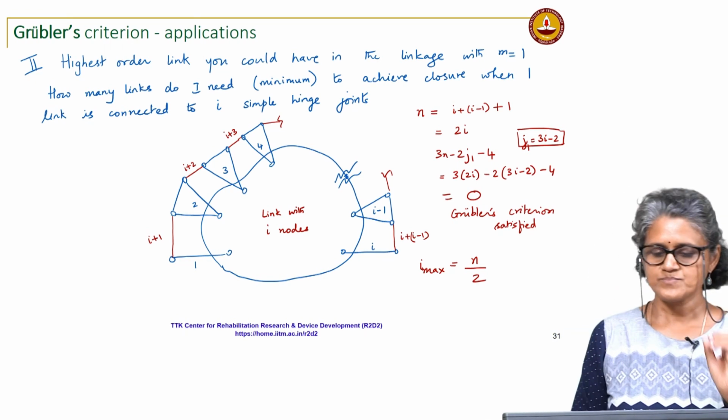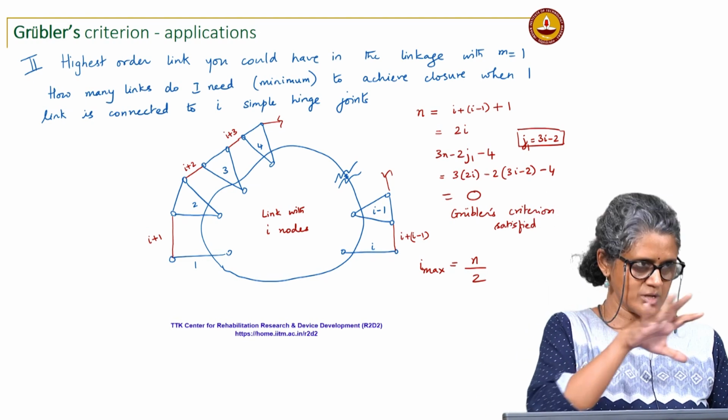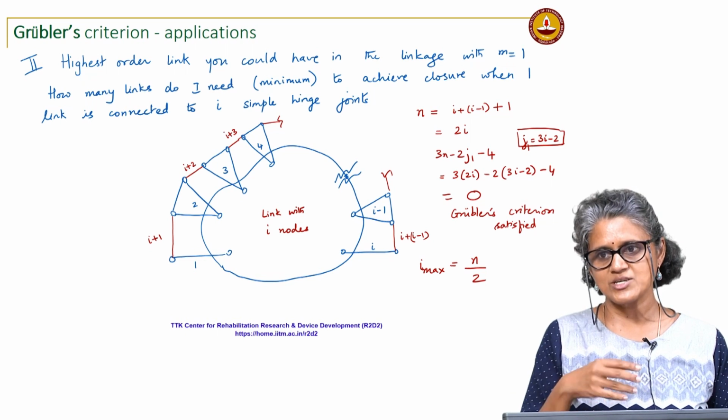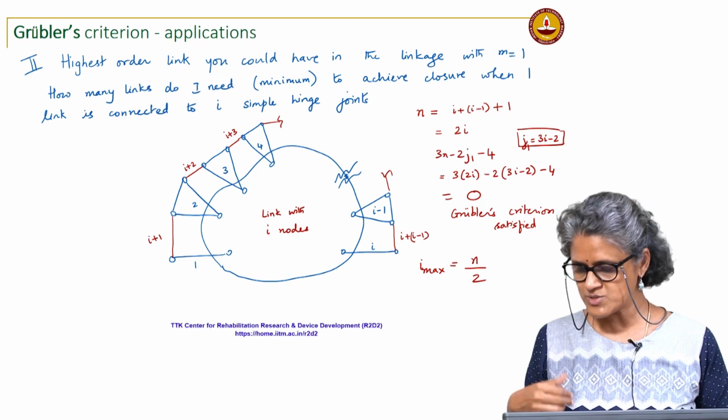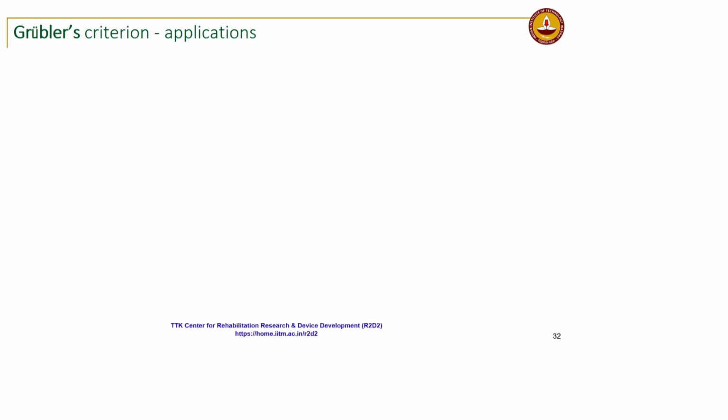Okay. So, this form of the Grubler criterion gives you these additional insights, which we will use when we look at the next application, which is basically number synthesis.